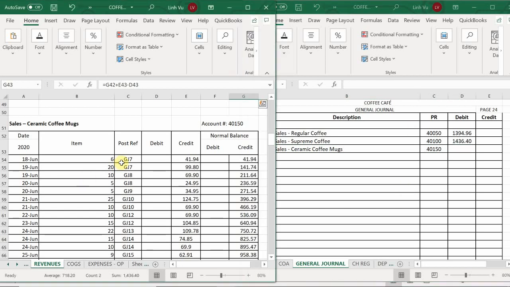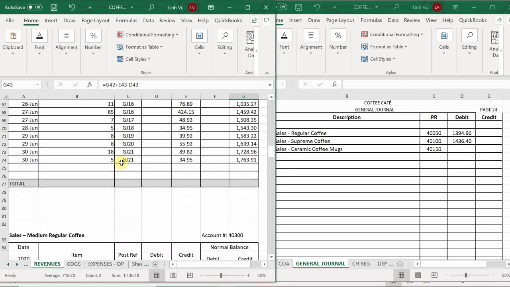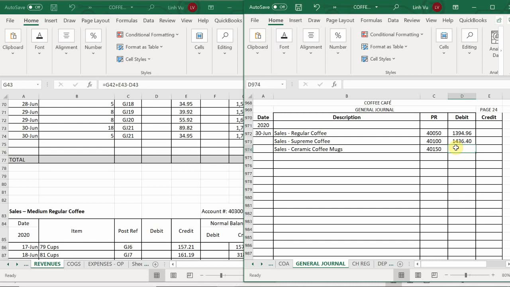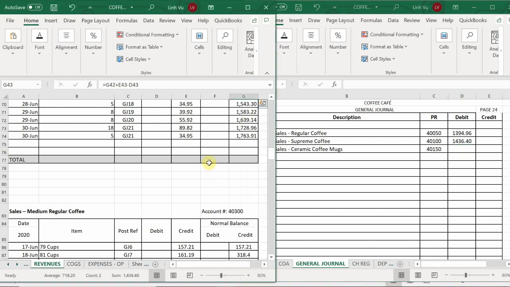Let's take a look at how much we need to debit this account for. We're on ceramic coffee mugs.